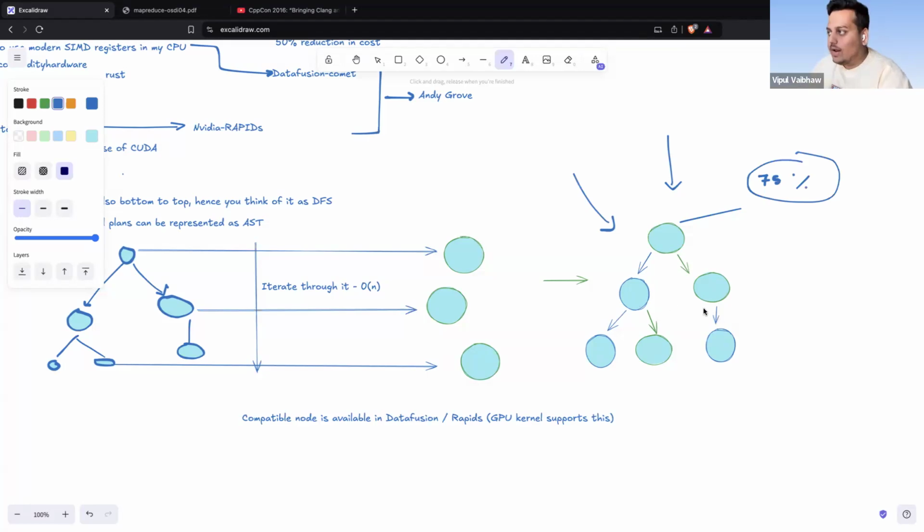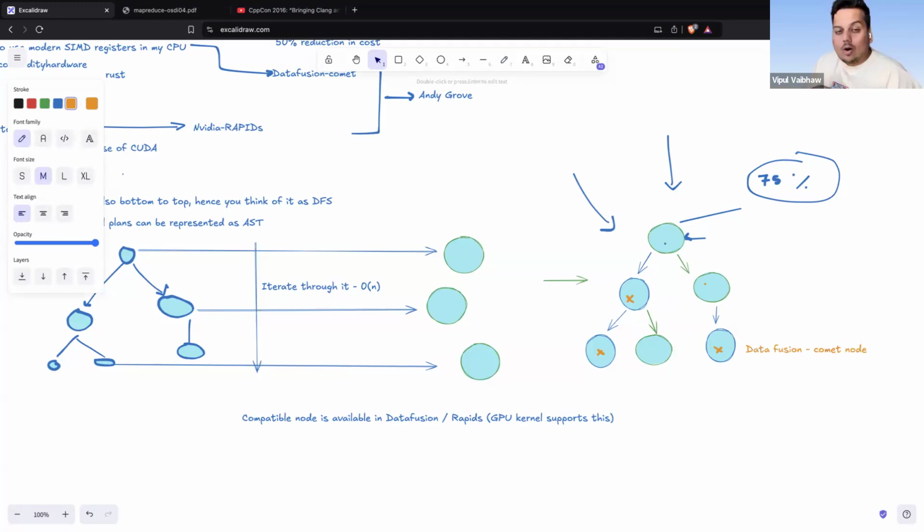Make sense? So we will have these green things be Data Fusion nodes, and the rest of these things in yellow will not be Spark nodes, but will be Data Fusion Comet nodes. Now, what is a Data Fusion Comet node? It is the bridge. So we know that Data Fusion doesn't support 3-digit years.